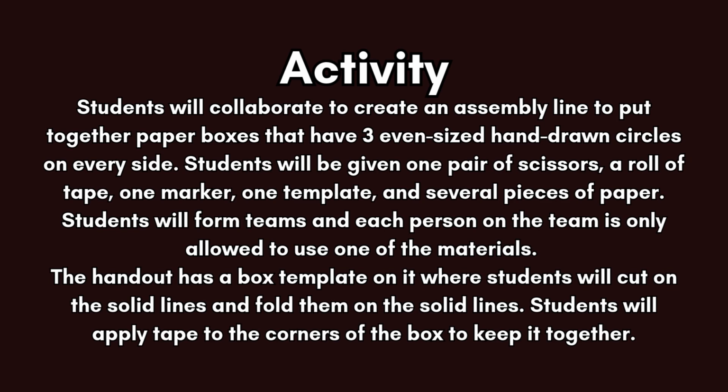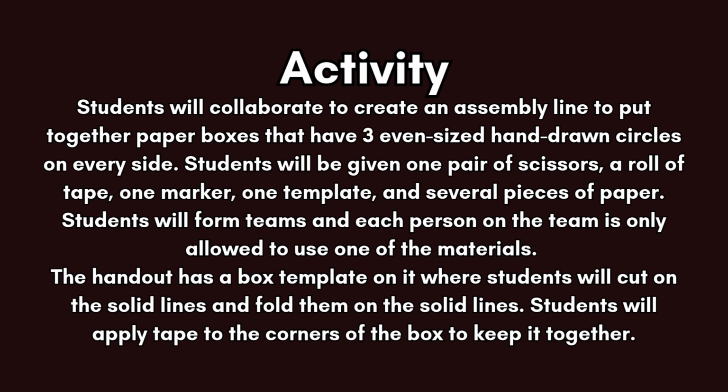All right. For the activity, students will create and assemble an assembly line to put together a box out of paper and draw 3 even-sized circles on each side. Students will be given one pair of scissors, a roll of tape, one marker, and one template, and several pieces of paper to produce as many boxes as they can.